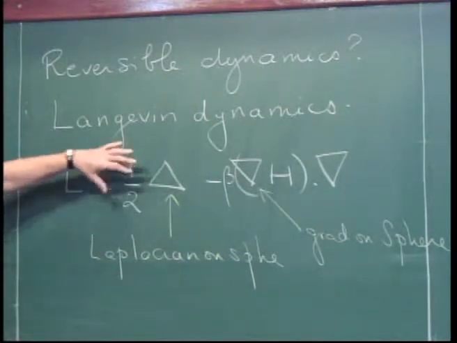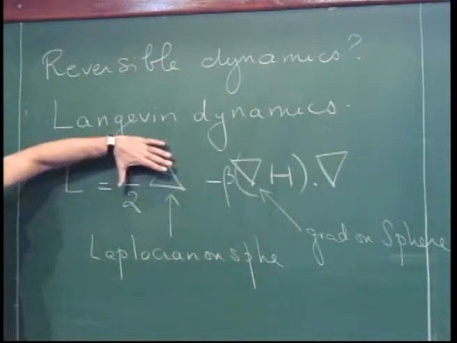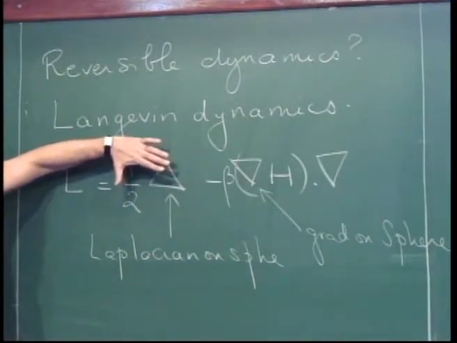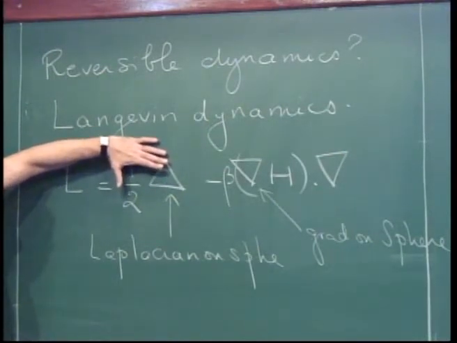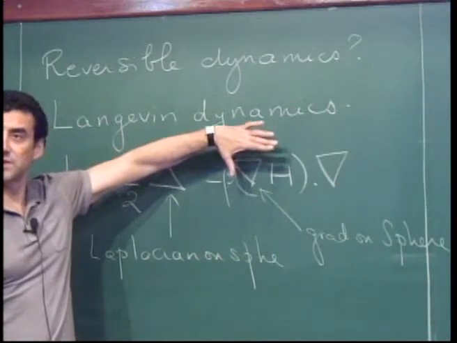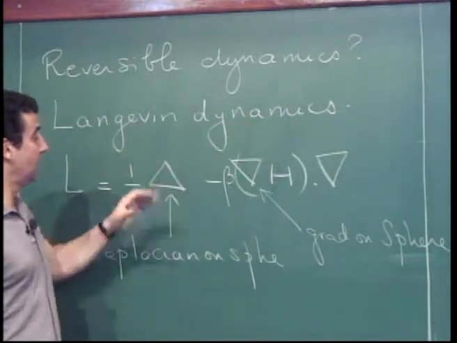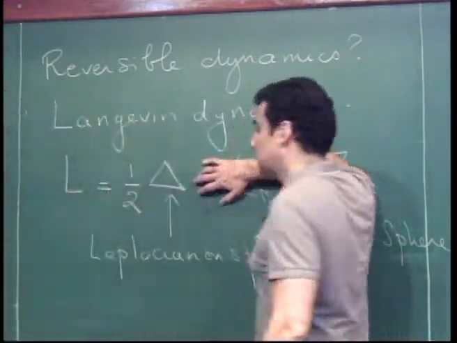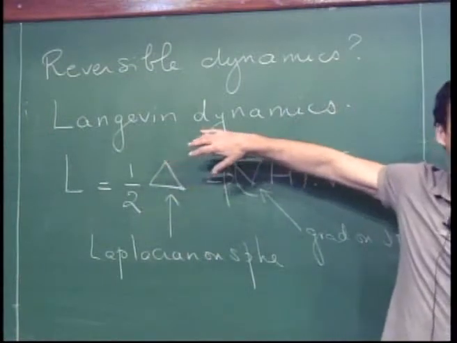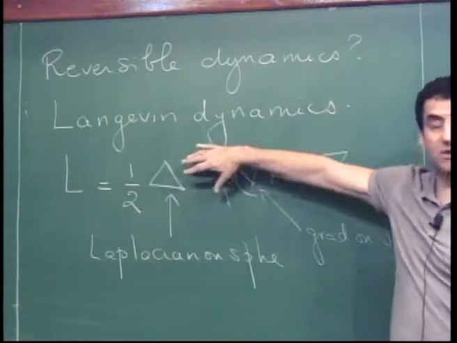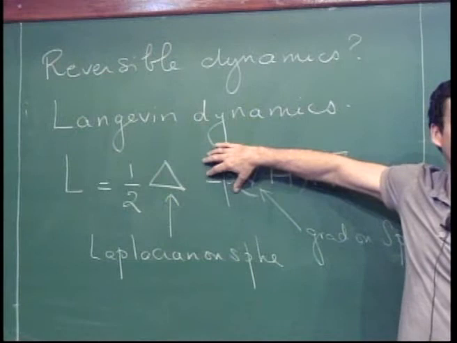So what is it? If you didn't have this term, the dynamics generated by that would simply be the Brownian motion on the sphere. And then here you add a drift. So what is this drift doing? If you don't have this, it just explores the sphere like a Brownian motion. And the invariant measure will simply be the uniform measure on the sphere.